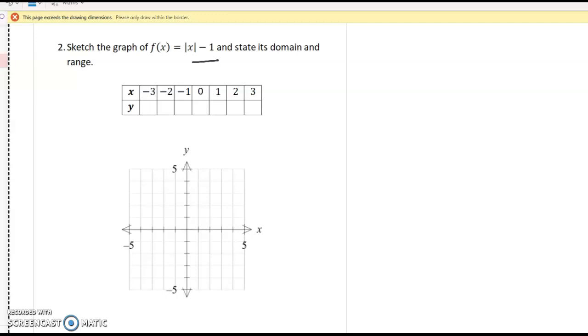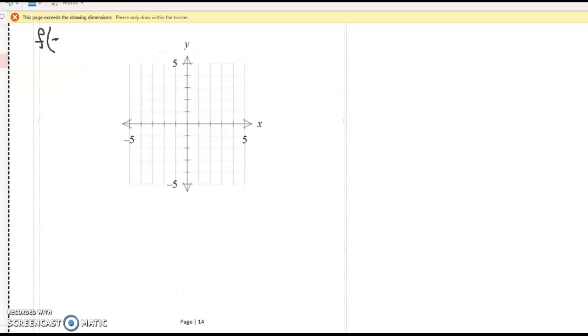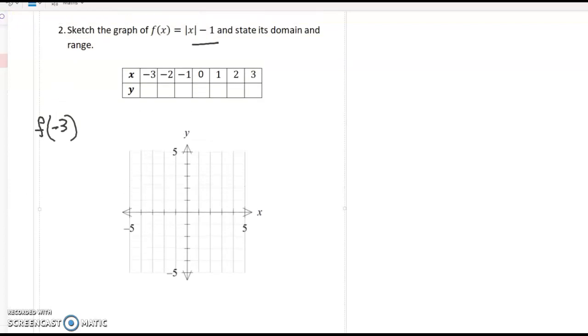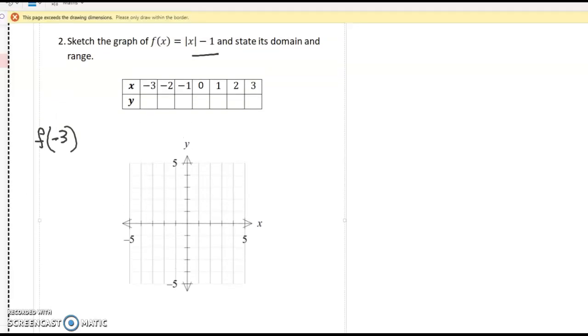So f of minus 3 is equal to absolute value of minus 3, minus 1.